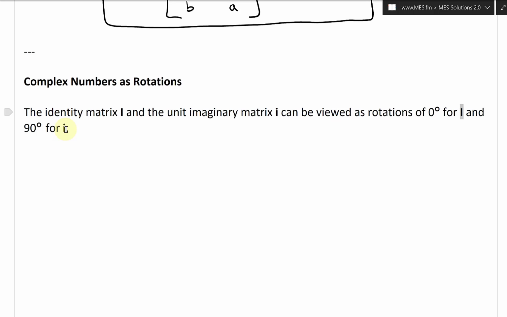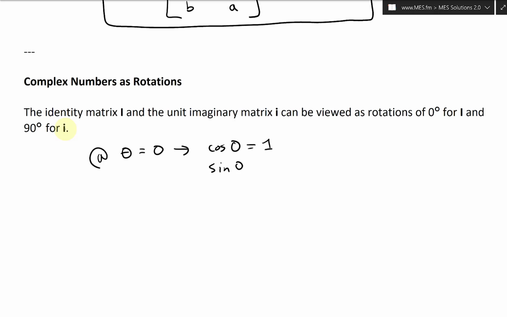So remember, we're dealing with a rotation matrix. Recall that at theta equal to 0, cosine 0 is equal to 1, and sine 0 is equal to 0, and I'll illustrate this in a bit.